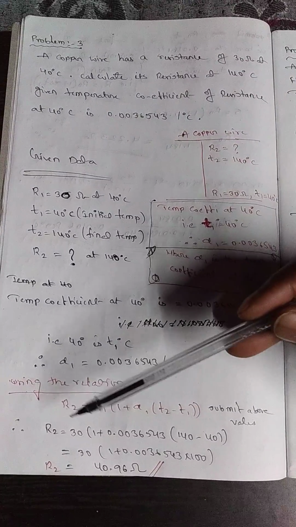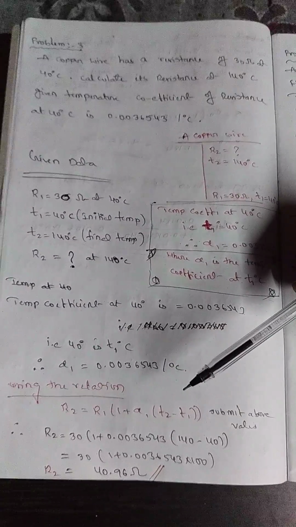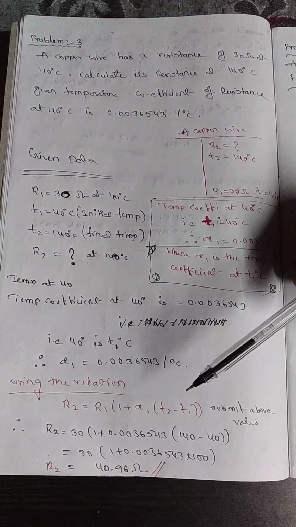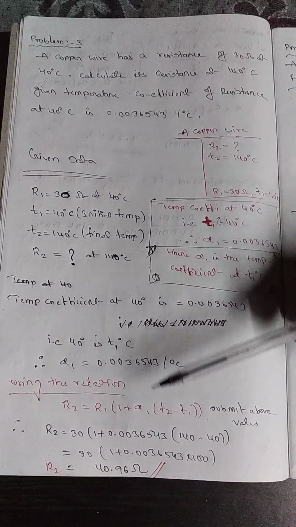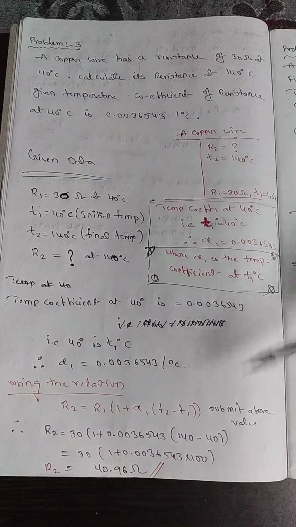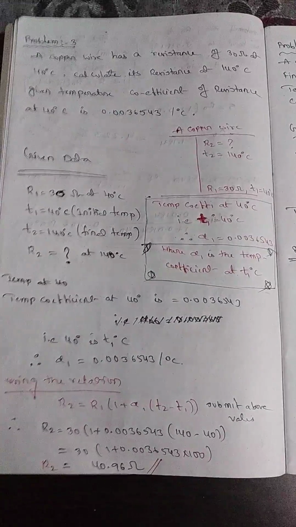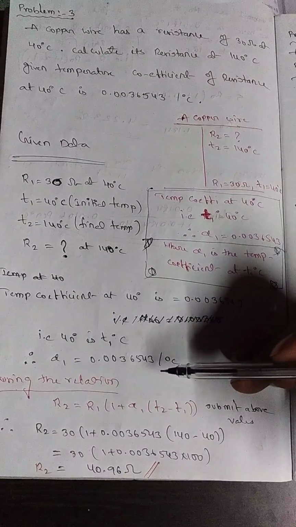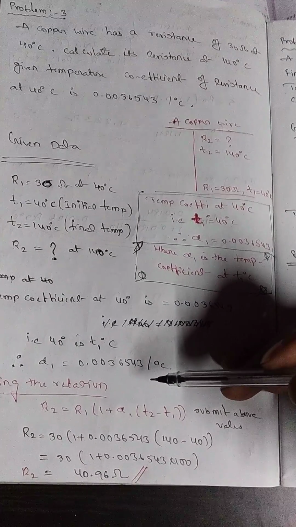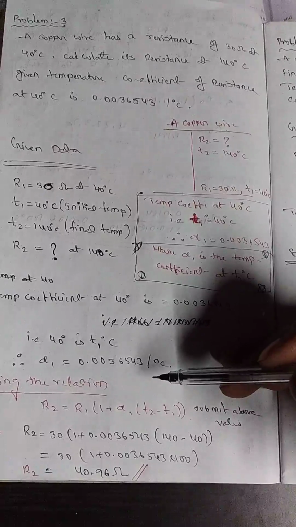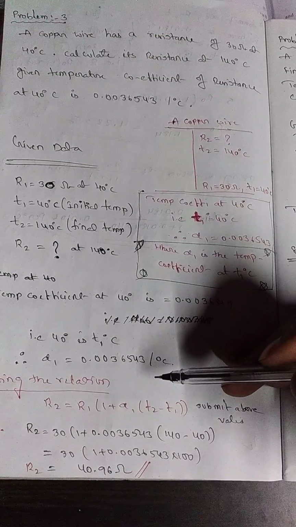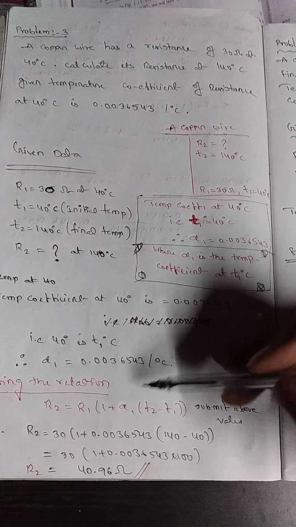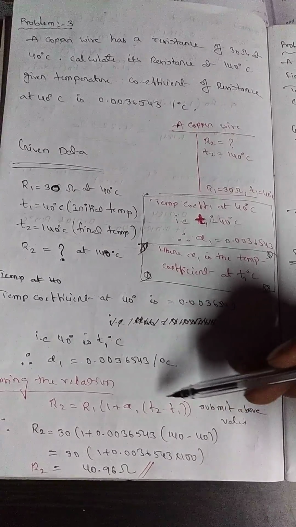This equation, R2 equal to R1 times 1 plus alpha 1 times T2 minus T1, we have discussed in the previous topic, the relation between known resistance and unknown resistance in terms of temperature coefficient. Now substitute the above values.